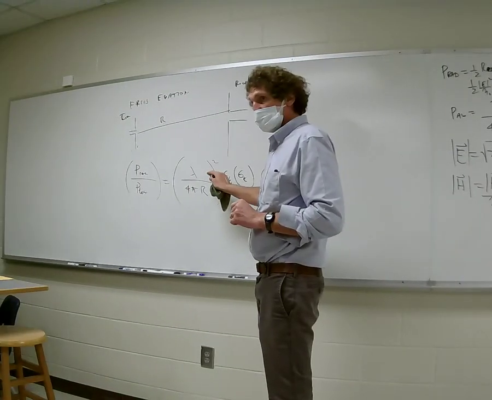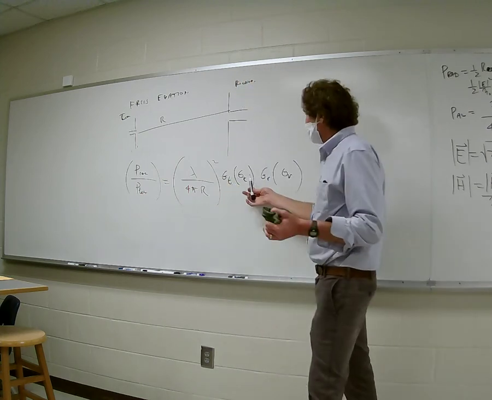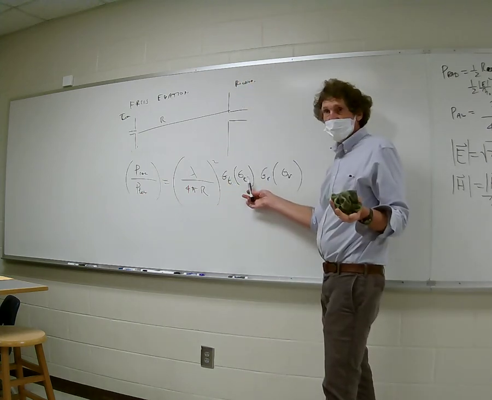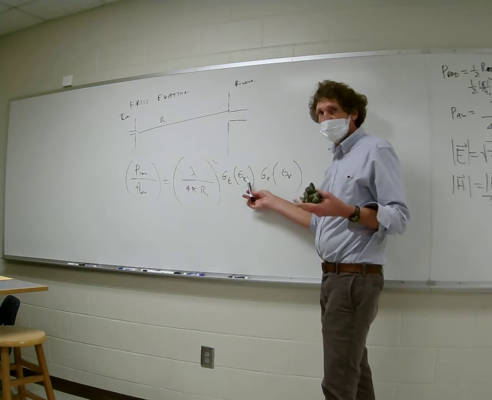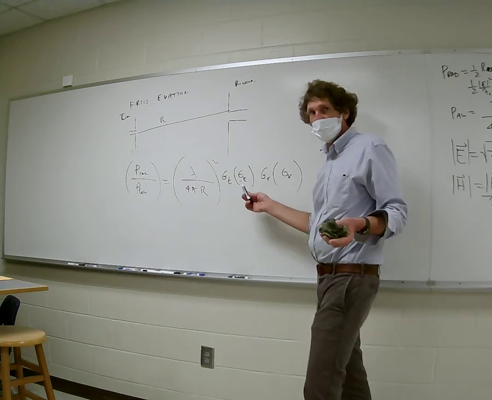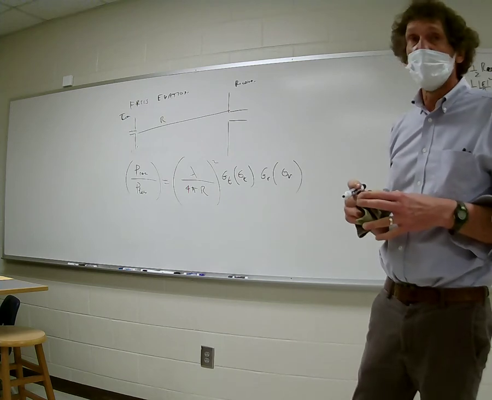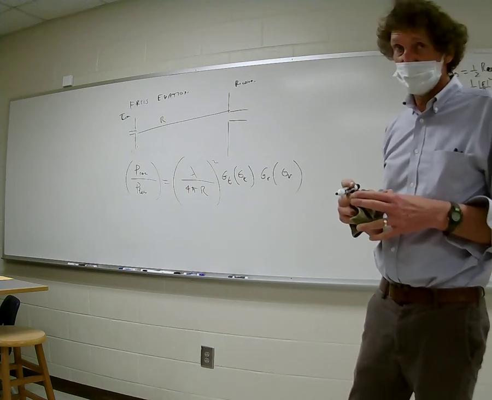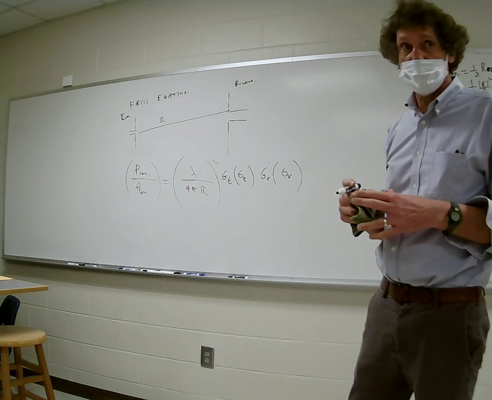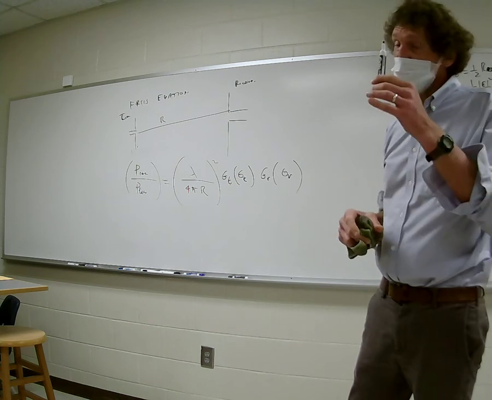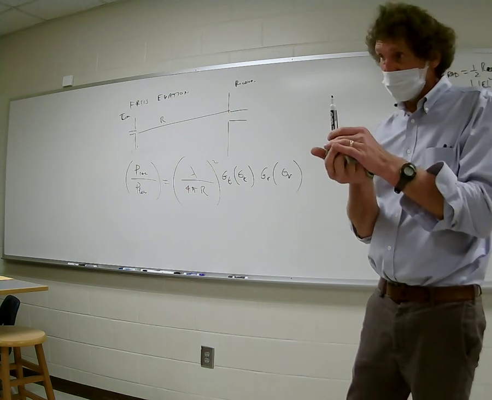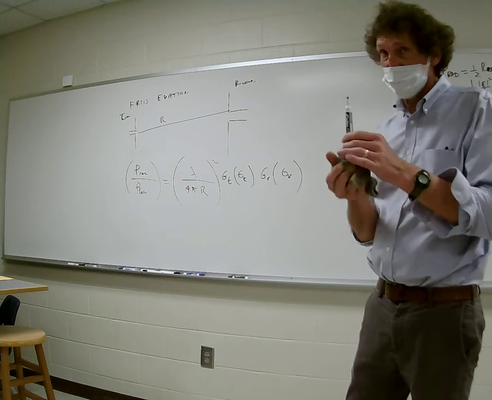Y'all see this? Now, the gain of the transmitter depends on the antenna, right? If it's a short dipole, it's 1.5 times the sine squared of theta. If it's a small loop, it's still 1.5 times sine squared of theta, right? But there, the loop has to be perpendicular to the axis that the angle theta is measured from.